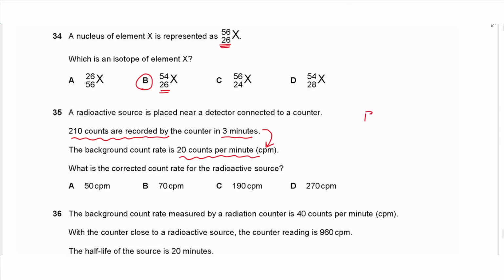So the actual background for the reading of 210 is 20 multiplied by 3, which is 60. So the actual value in 3 minutes is 210 minus 60, which is equal to 150. But this is for 3 minutes, but the reading is count per minute. So for 1 minute, we divide that by 3. So we get 50 counts per minute.